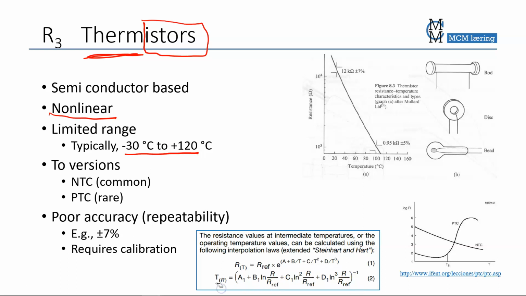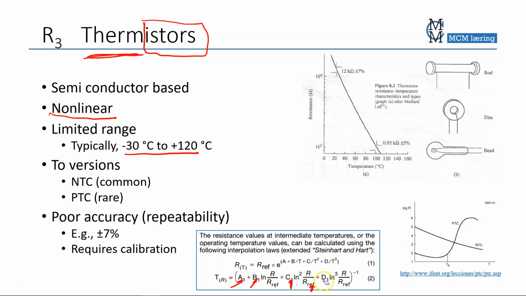And then, if you want to turn this equation around and solve it with respect to T, the T becomes A, B, C, D, and ln squared, ln third. So it shows the nonlinearity of it. However, for modern NTCs, we have rather accurate values for A, B, C, D, and R ref.